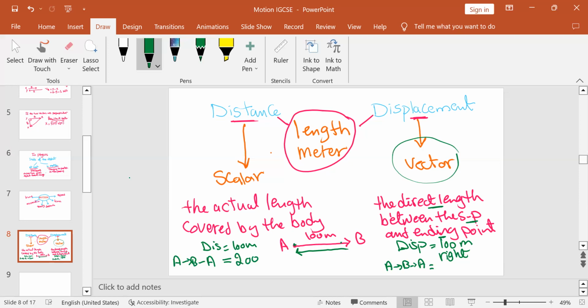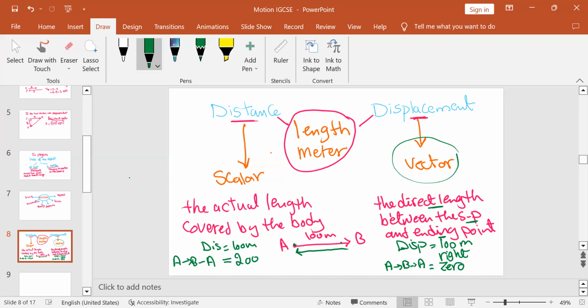If you're stopping at the same point you started at, the displacement will be 0.